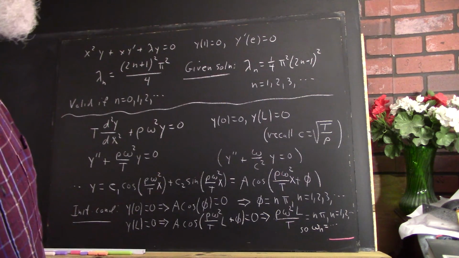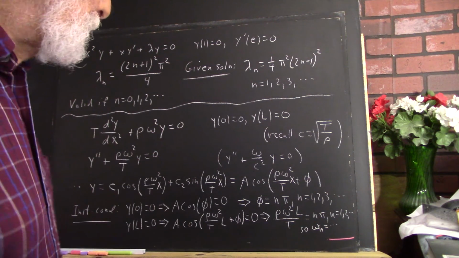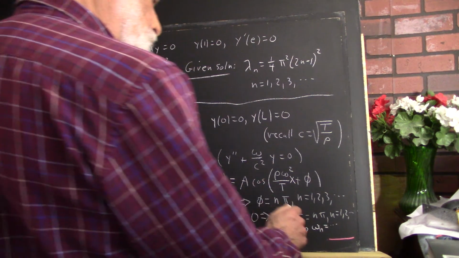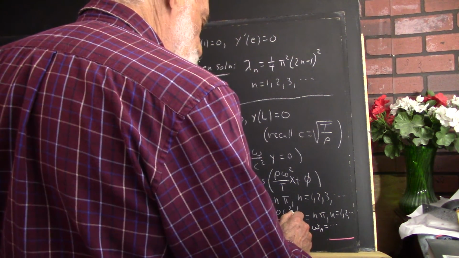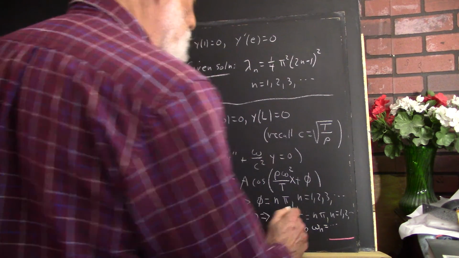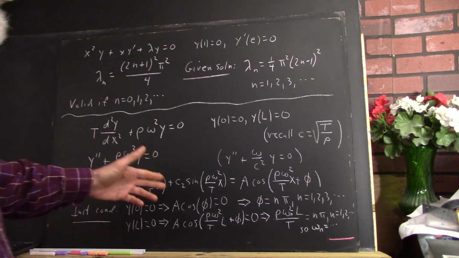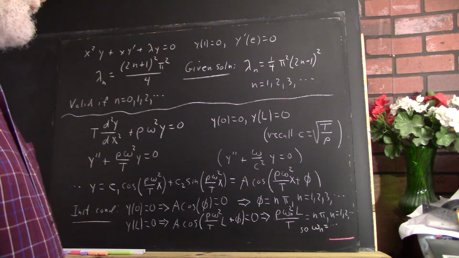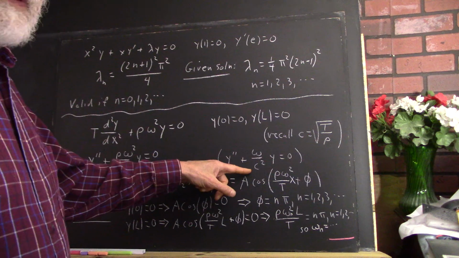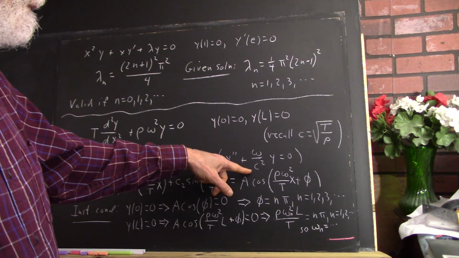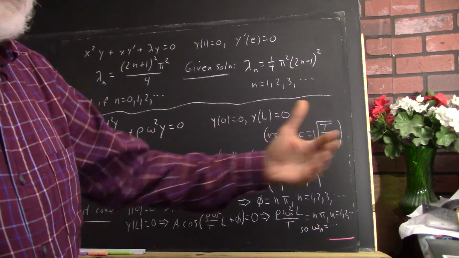So omega n is going to equal what? And of course we could put an n on this omega, because it's the omega that makes it work. Omega being your angular frequency, which along with your tension determines your speed of propagation.